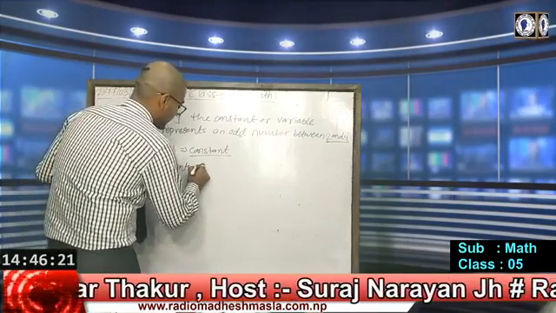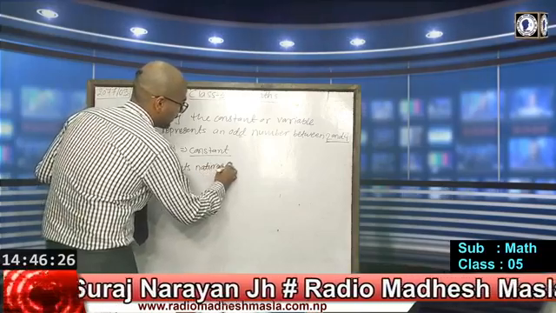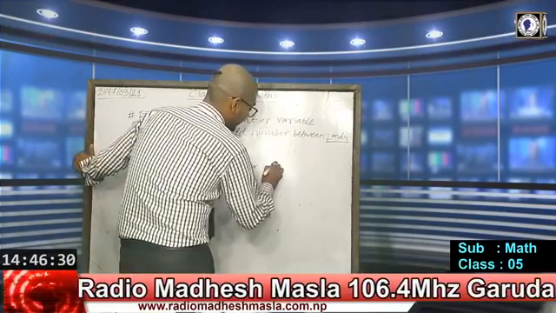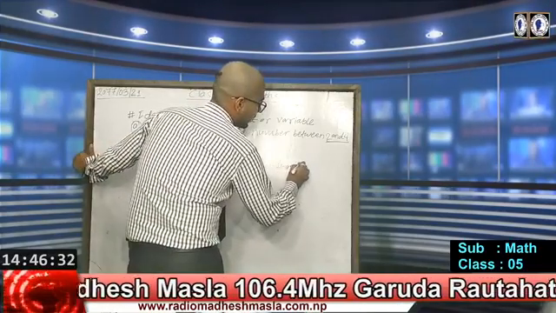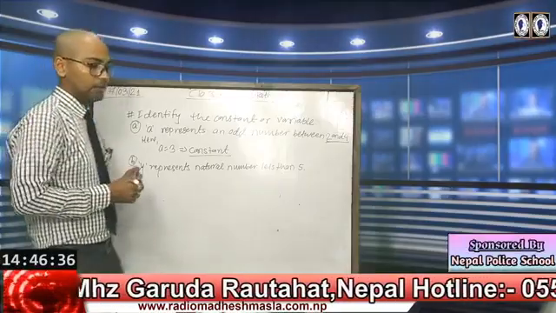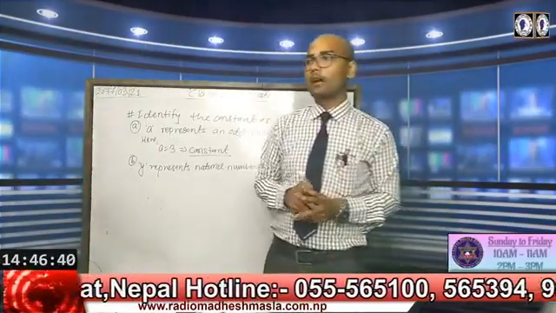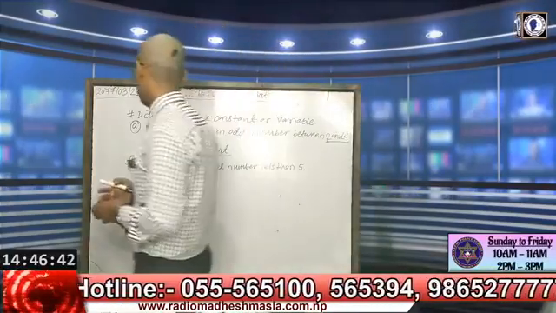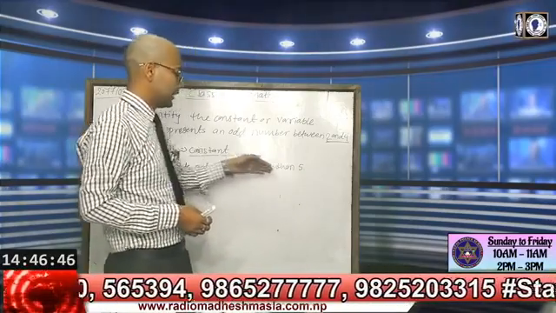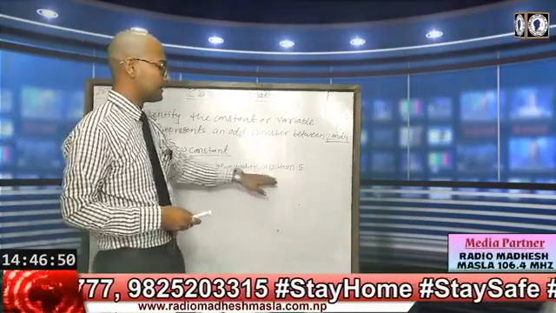a natural number less than 5. As we know, natural numbers start from 1 and go on, but here it is fixed: y is a natural number less than 5.